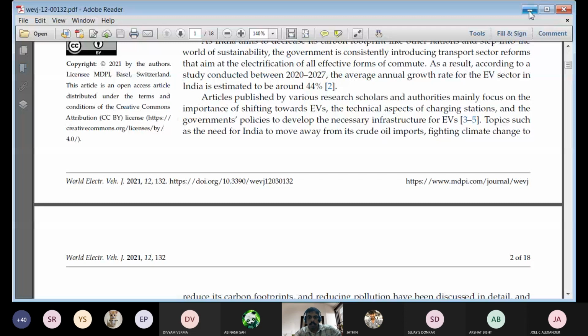Various sources are conventional and new sources. Conventional means non-renewable, that is, fossil-based energy sources like coal, crude oil, and its products like diesel, petrol, kerosene, all these things.